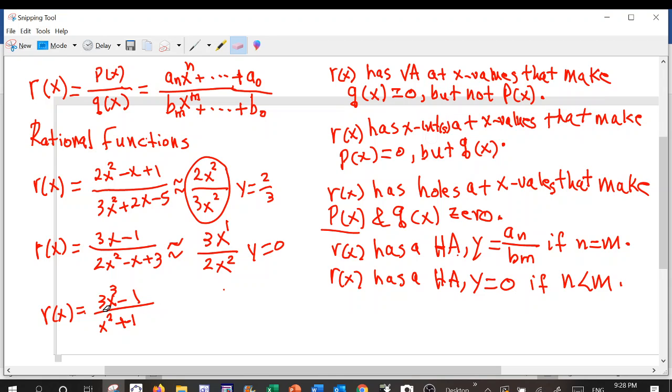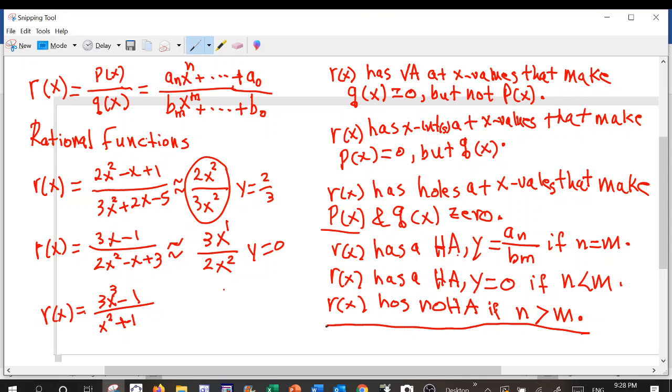And if the degree of the numerator is bigger than the denominator, R of x has no horizontal asymptote if n is greater than m. We're going to talk about this a little bit more later, but for now we know there is no horizontal asymptote if the degree of the numerator is bigger than the denominator.